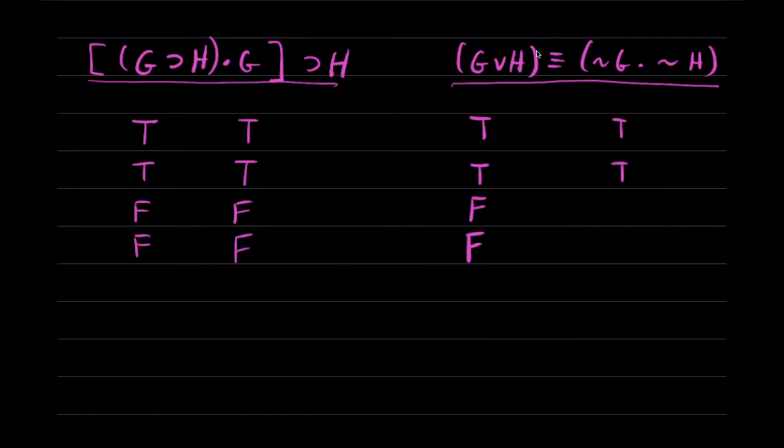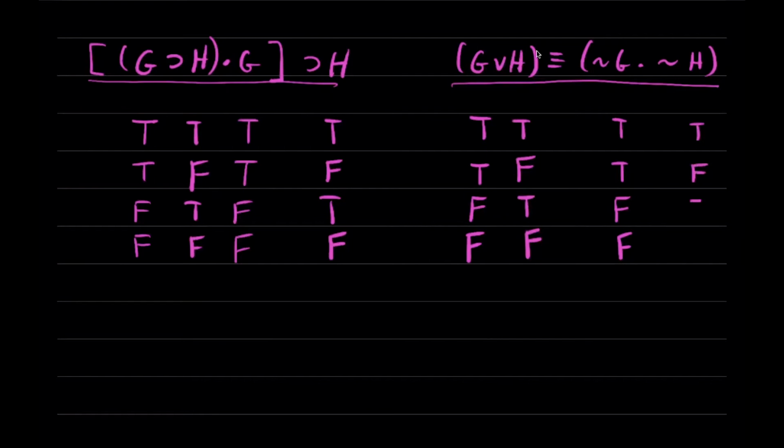True, true, false, false. Under the next letter over, H, we're going to cut that number in half and alternate. True, false, true, false. Same thing here. True, false, true, false. Under the next instance of H, true, false, true, false. Same thing here, true, false, true, false.